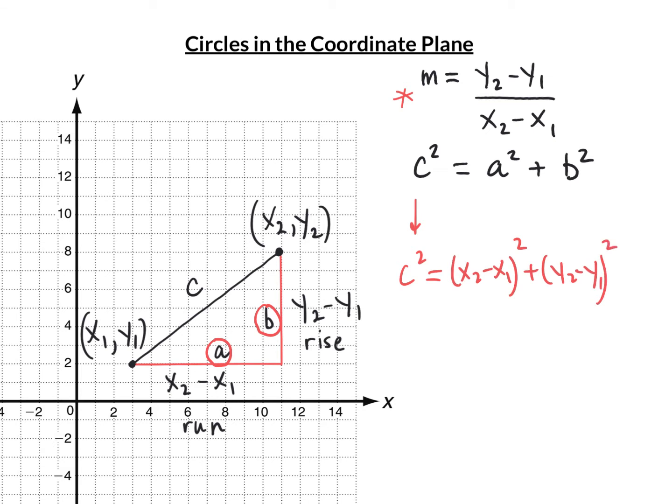And if we call this c, the hypotenuse, because here's our right angle right here, d for distance, we get the distance formula.